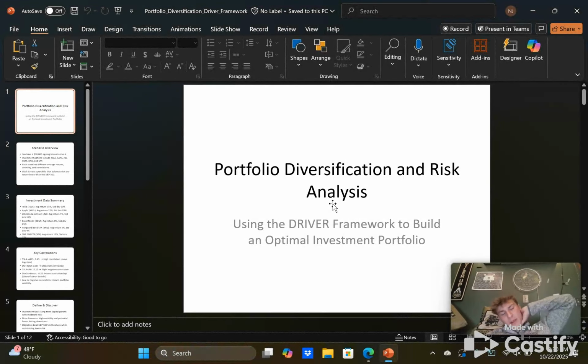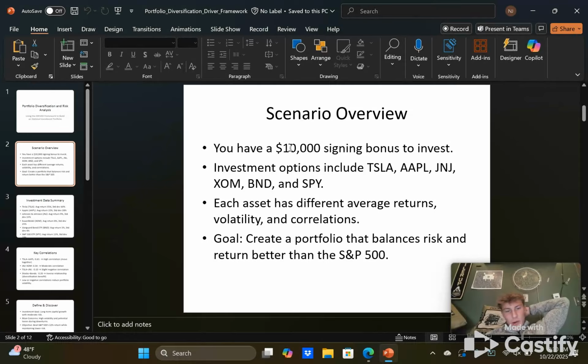Okay, so today we have our portfolio diversification and risk analysis using the DRIVER framework to build an optimal investment portfolio. The scenario we're given is we have $10,000 as a signing bonus to invest, and our investment options include TSLA (Tesla), AAPL, JNJ, XOM, BND, and SPY.